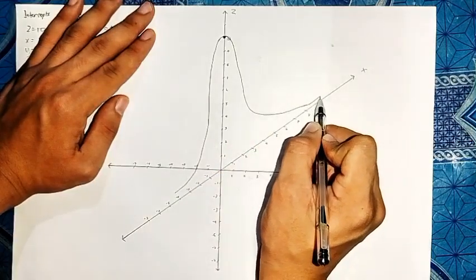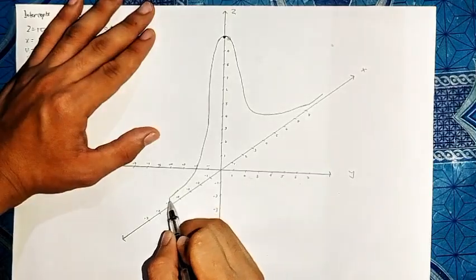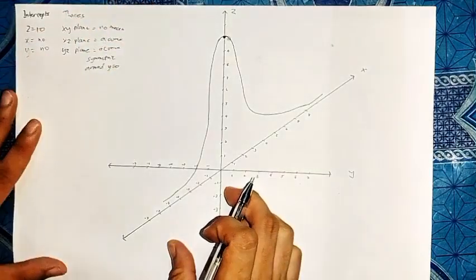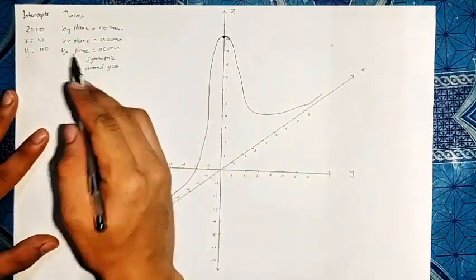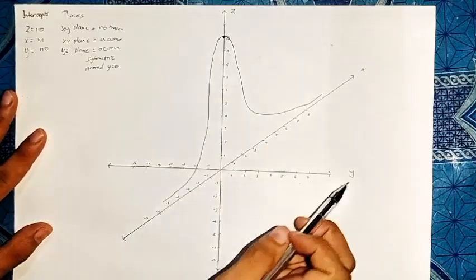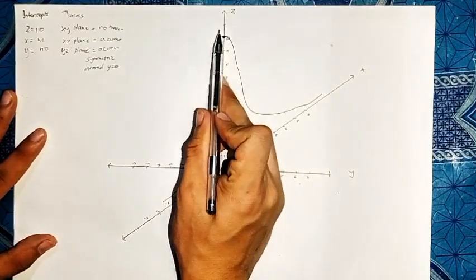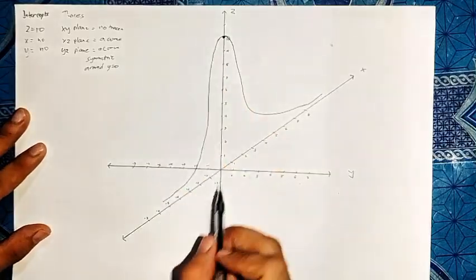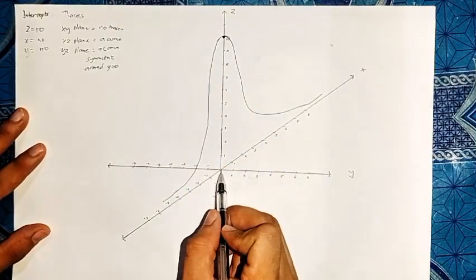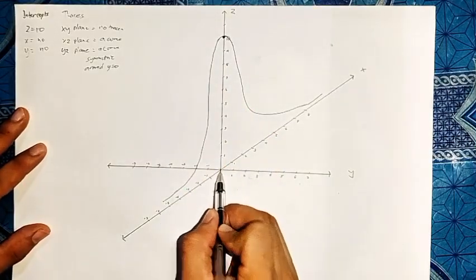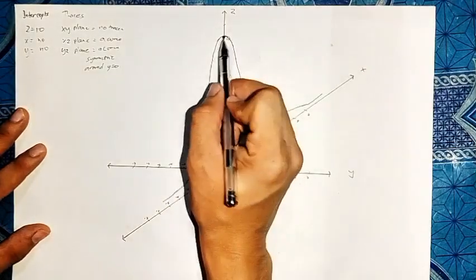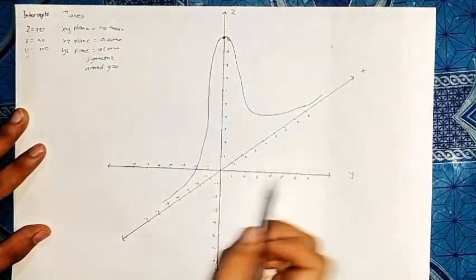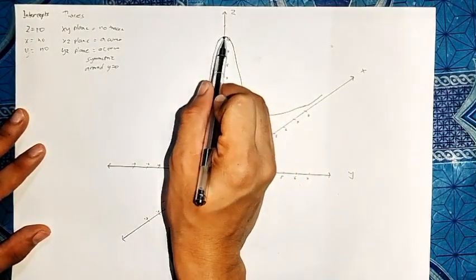So hindi siya didikit sa axis, sa x-axis kasi walang intercept dyan eh. So next, we have the YZ plane. Ito yung y, ito yung z. Same, it is a curve, but this time it is symmetric around y is equal to 0. So ito yung y is equal, ito yung 0. So again, and this is the y, so it looks like this.